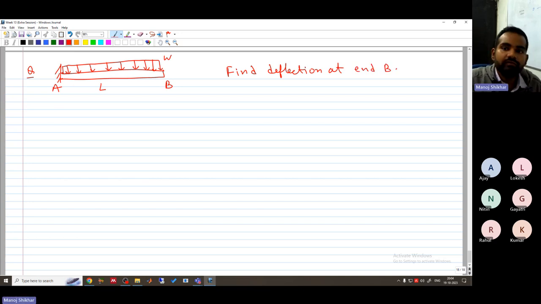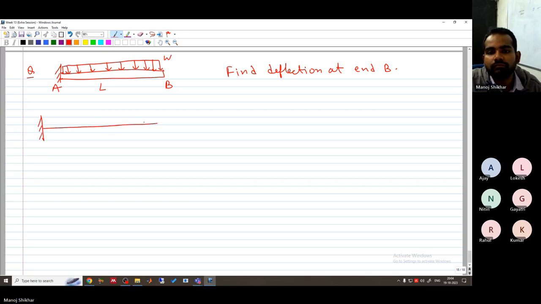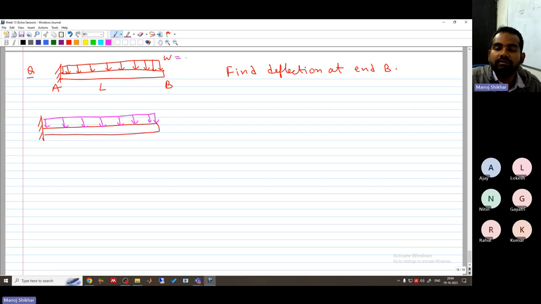So what we will have to do is cut a section. So this is our beam, and this is our loading. This unit is in Newton per meter.